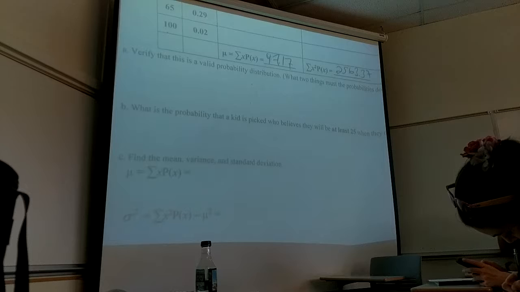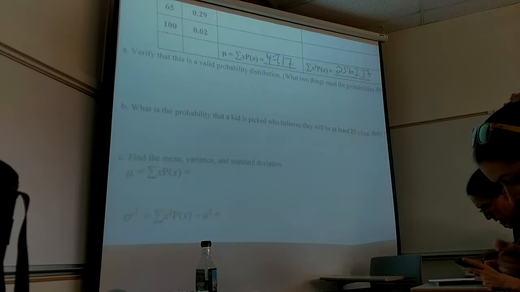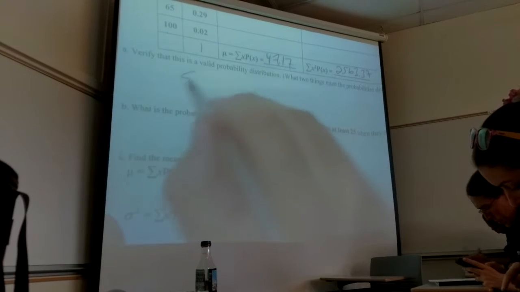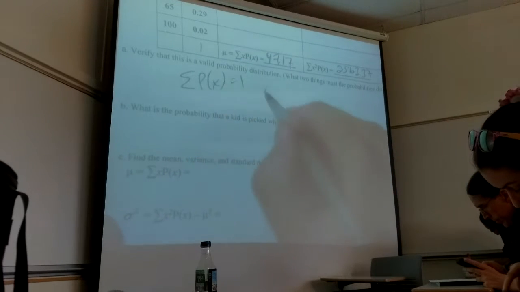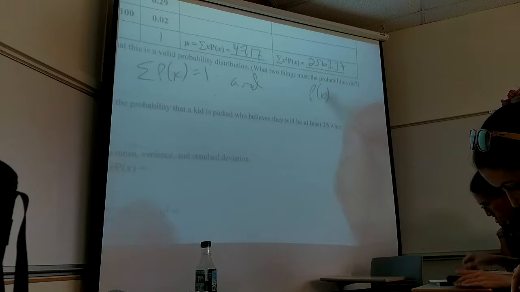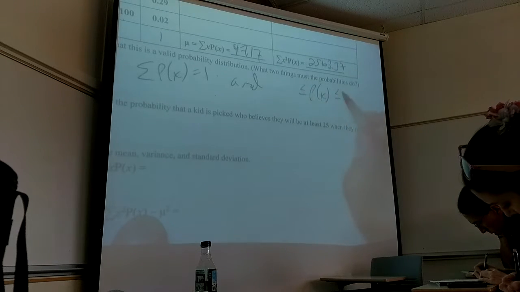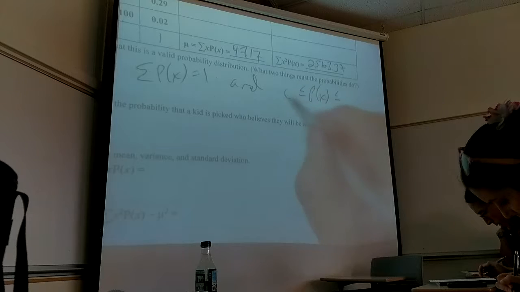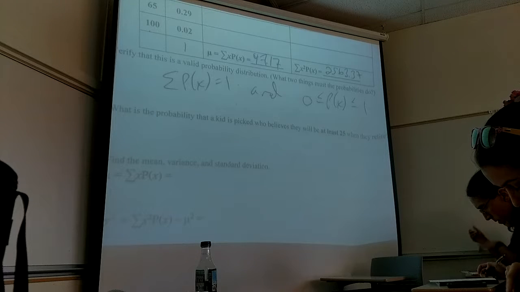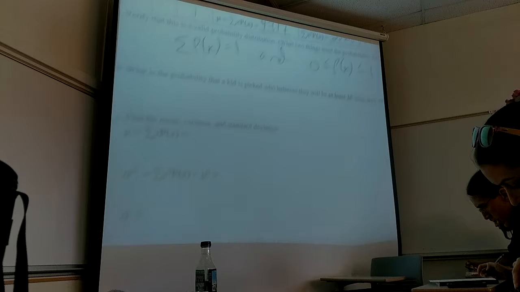I'm not going to just go, I can't do it. But these do add up to be 1. So the sum of the probabilities has to be 1, and every probability has to be between 0 and 1. So any probability just sitting around in the universe, it better be between 0 and 1, or it doesn't make any sense. Universe we know of.